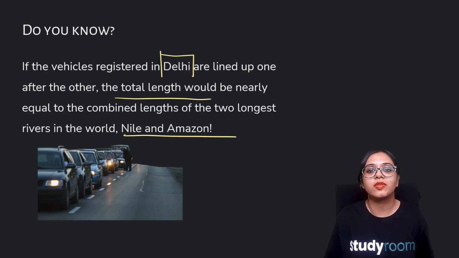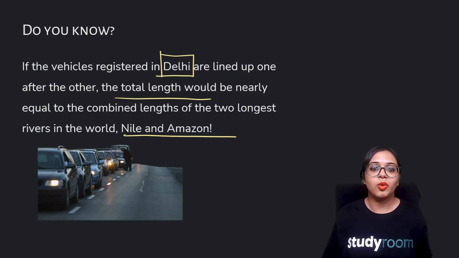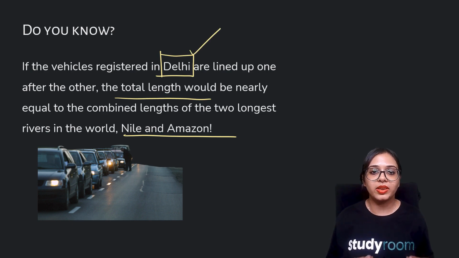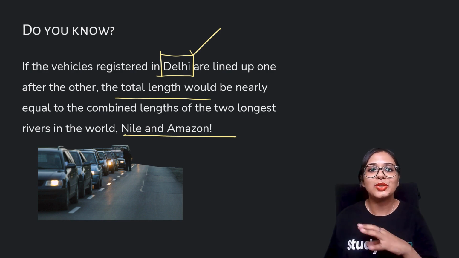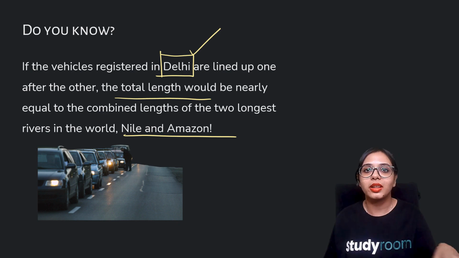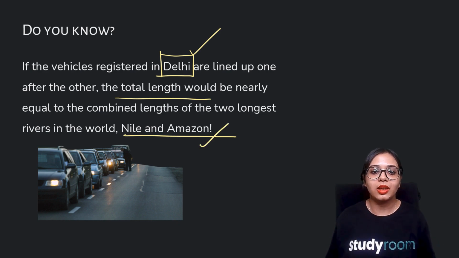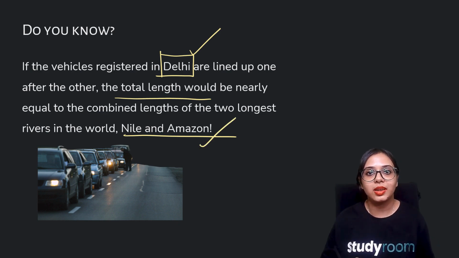Air pollution in Delhi is always highlighted in news channels and newspapers, because one of the biggest factors is the harmful pollutants emitted out of automobiles. So it is interesting that the line of vehicles would be greater than the length of the Nile and Amazon combined.